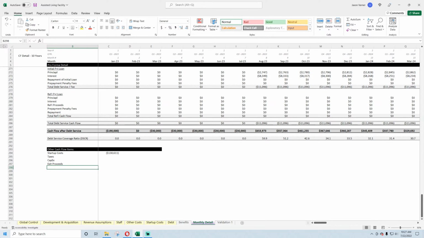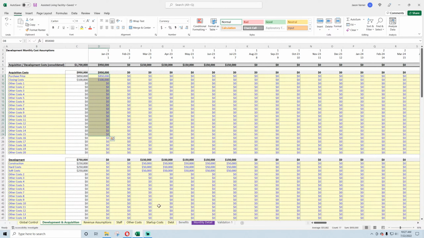Let's think. So when we do the CapEx for the financial statements, I've got to think how we're going to handle it. So this is going to go into fixed assets and it'll be depreciable.